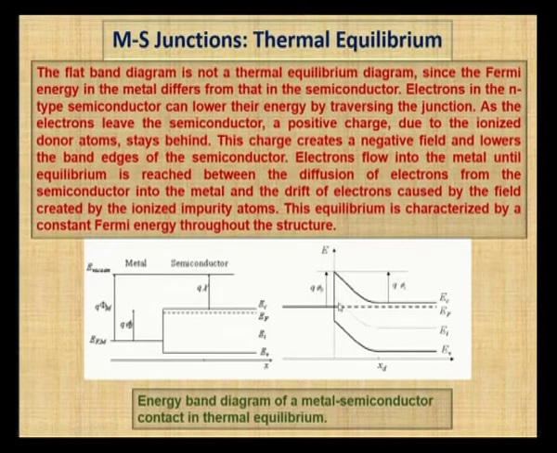They try to move to the metal by the diffusion process, and the holes from the metal to the semiconductor. This will create an equilibrium till the hole and electron concentrations are equal. Once it reaches equal concentration on both sides, it reaches the equilibrium state. The Fermi levels of the metal and semiconductor are at the same level.